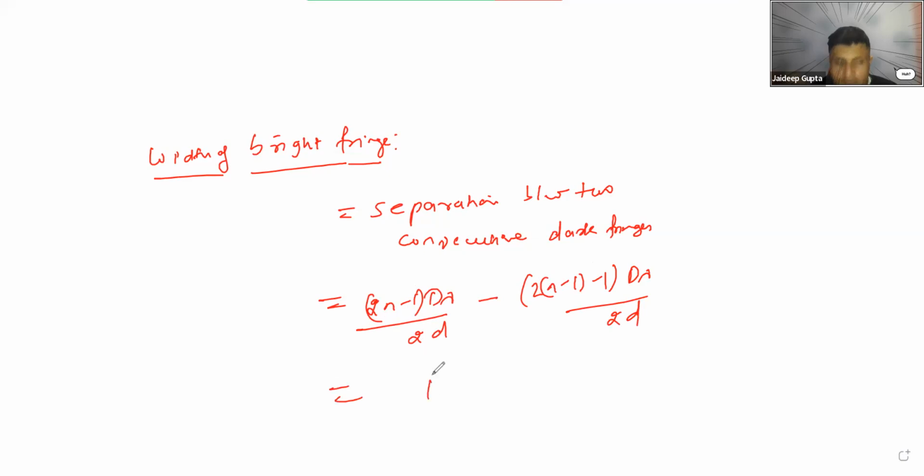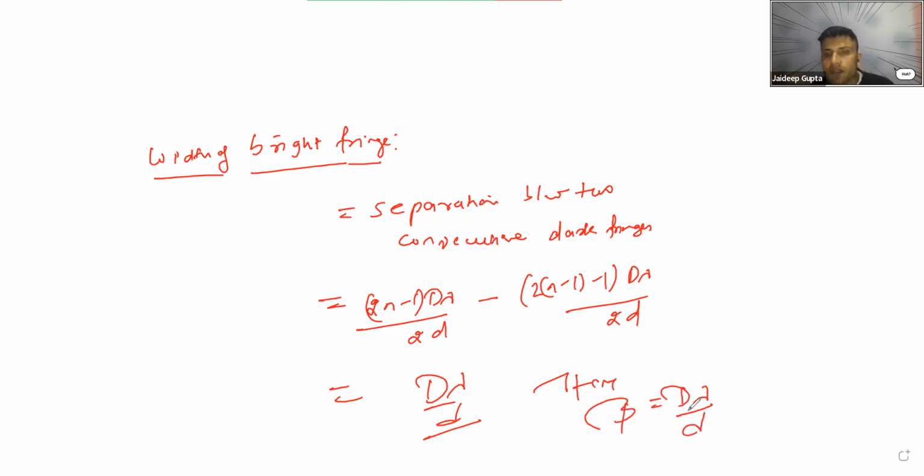If you subtract, you'll get the same thing. So both bright and dark fringes are of equal width. Hence the fringe width is beta equals lambda D over d. Now, note down.